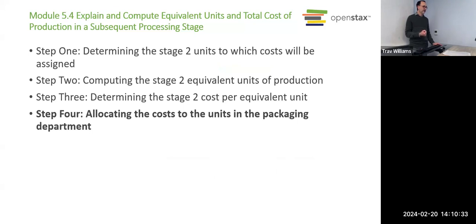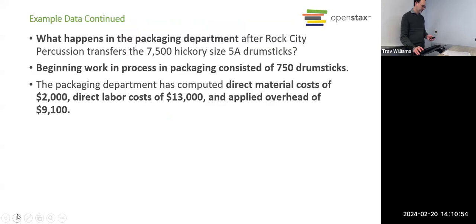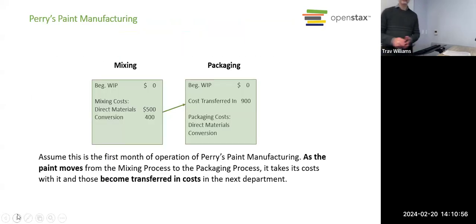What we haven't really done is look at when those costs get transferred from one department to another. So let me walk back over here and we will talk about that.